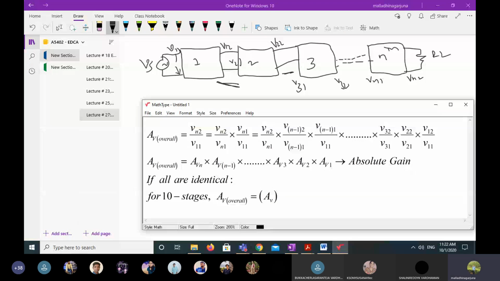If all are identical, it means all are the same type, all CE amplifiers, all CB amplifiers, or all CC amplifiers. The gains will not differ, so you get the same gain in each stage, and the overall gain is AV to the power 10. Why? Because all are identical, so AV into AV into AV and so on, 10 times. So this is if all are identical. For 10 stages or n stages, the overall voltage gain is AV to the power of the number of stages.